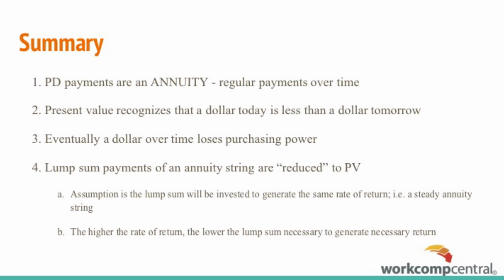Eventually, a dollar loses all of its purchasing power, or at least it's so little that it's basically useless. And lump sum payments of an annuity string are reduced to present value. So if you just remember that present value is a reduction of those annuity payments, it's a good way to think of it, that all those annuity payments are consolidated.